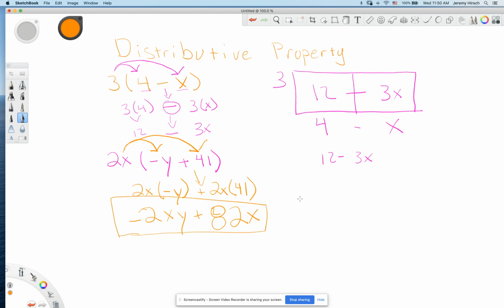How about the box method? We put 2x over here, and then we do our boxes. Our terms here are minus y and 41, and there would be a plus in between. So 2x times minus y is minus 2xy. 2x times 41 is 82x.